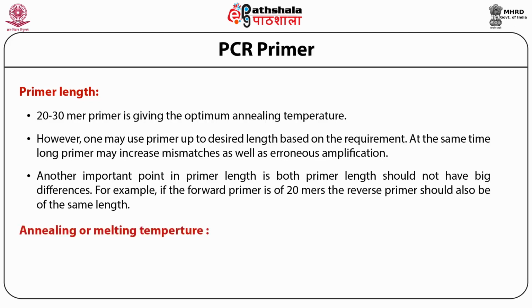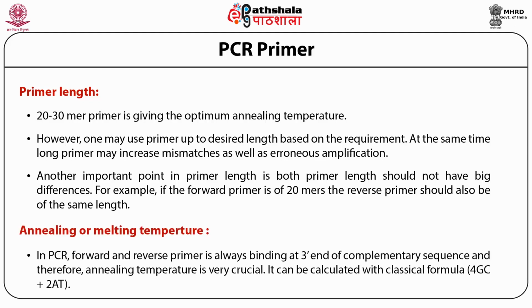Now come to the annealing temperature. The forward and reverse primers always bind to their complementary sequence at the 3' end, and therefore the annealing temperature is very crucial. First of all, the annealing temperature is determined by the 4GC plus 2AT formula, through which we can decide the approximate annealing temperature of a primer.